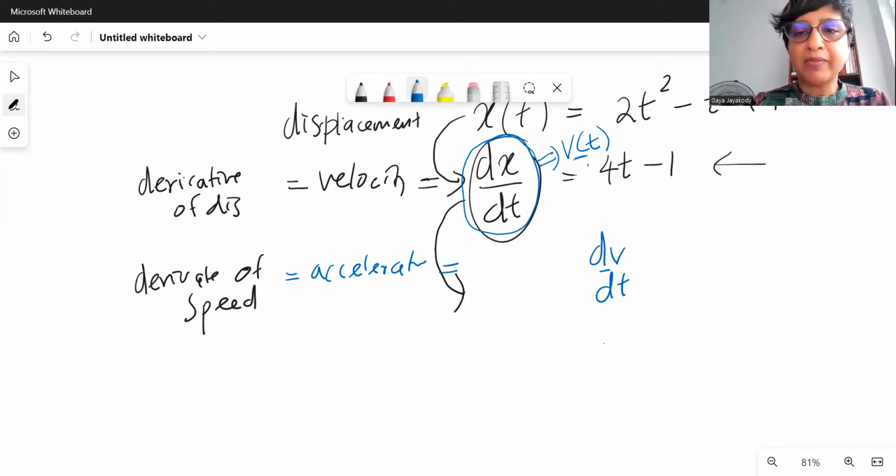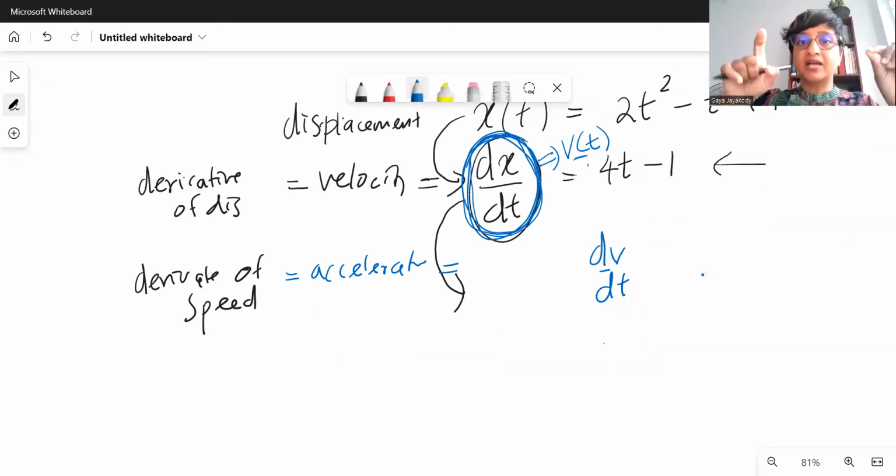Right? But if I differentiate a derivative again, it is like squaring 4 to get 16, and then squaring again. So I differentiated x and got dx by dt.